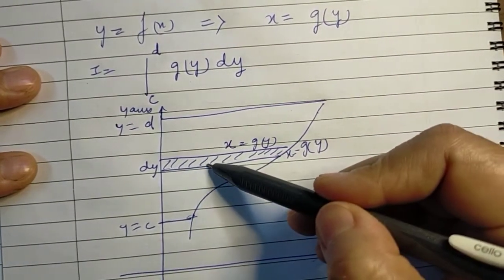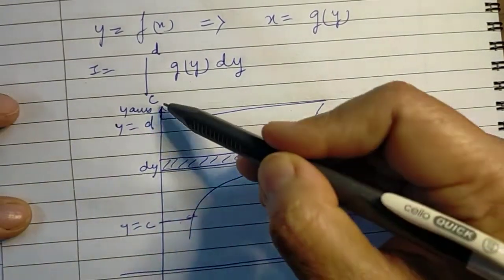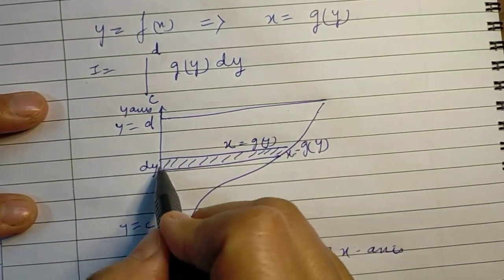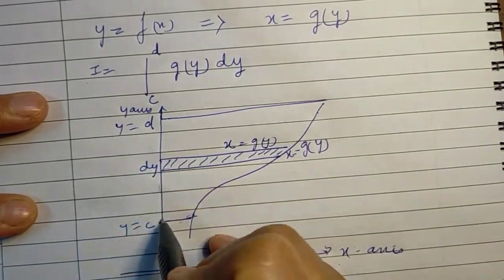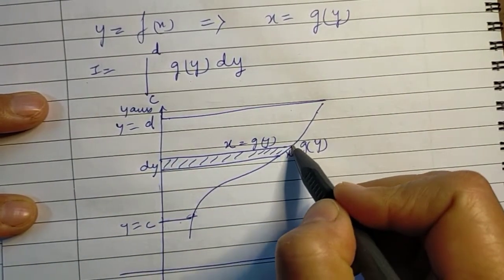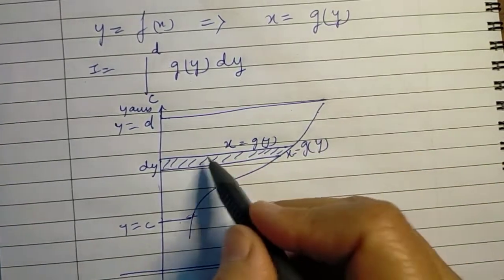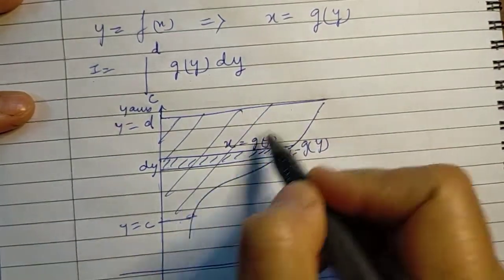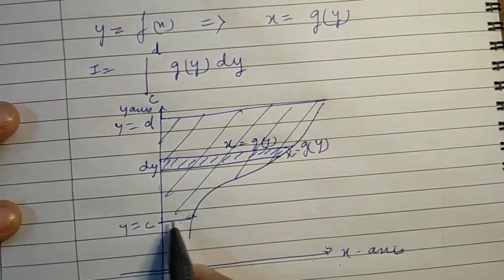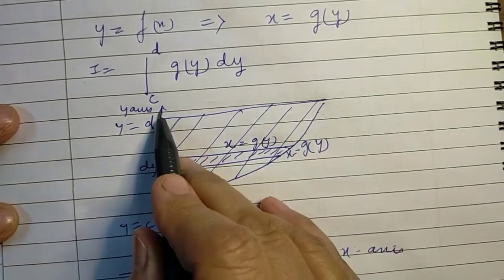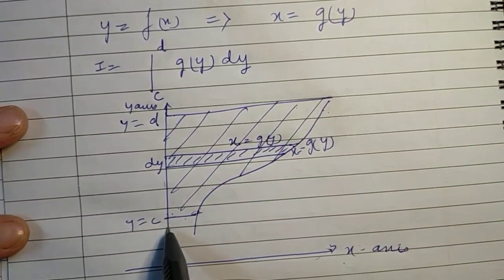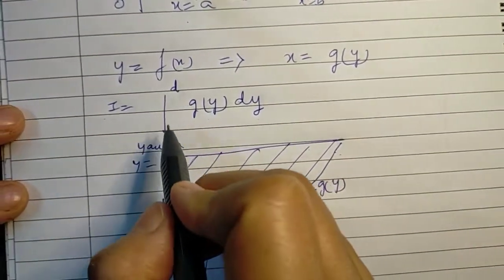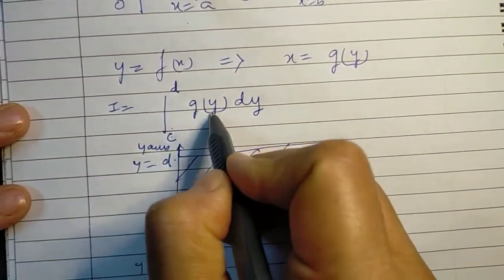As we drag this thin strip from y equal to c to y equal to d in such a manner that the lower end always travels along the y-axis and the upper end always travels along the curve x equal to g(y), then in this process, this covers the entire area between the curve, the y-axis and the lines y equal to c and y equal to d. And so, this is written in terms of definite integral from c to d, g(y) dy.